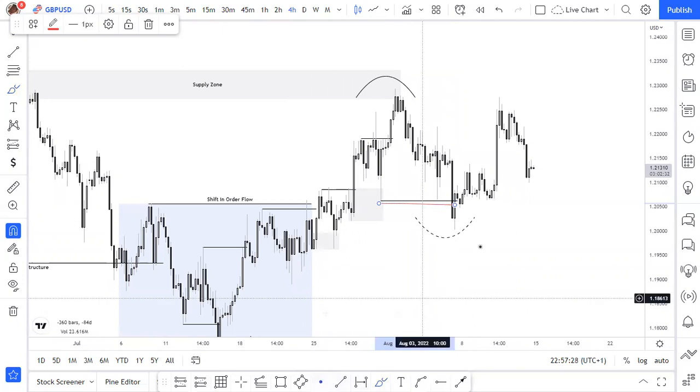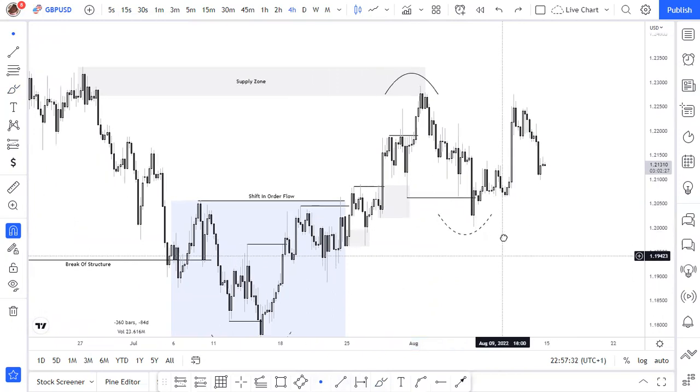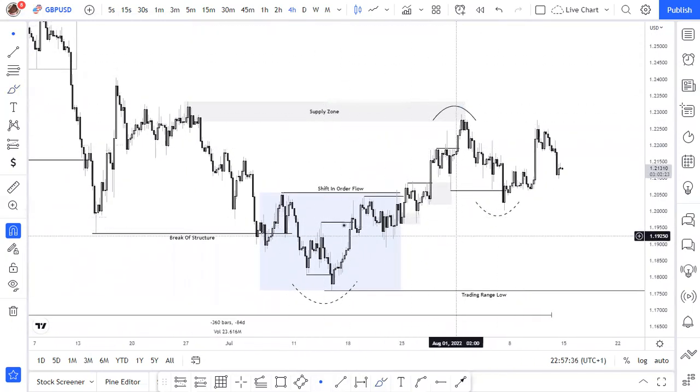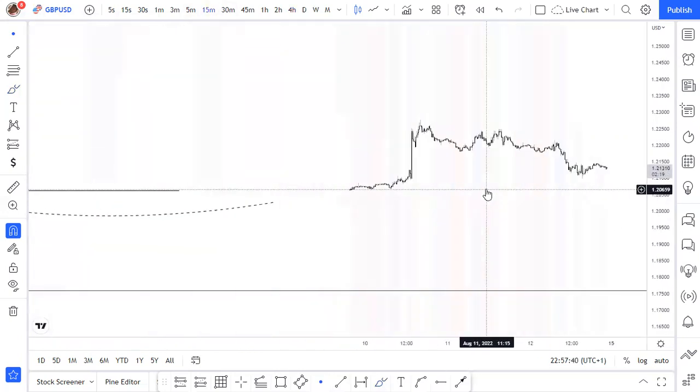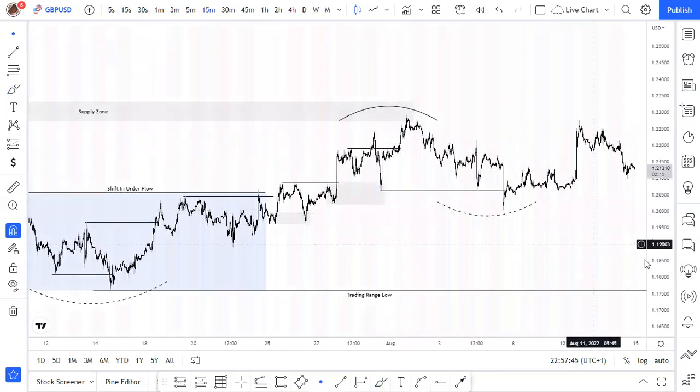So now going to the 15 minutes, let's see if you can see some kind of structure within the 15 minutes that makes sense. So here on the 15 minutes, we have this bearish market structure here.